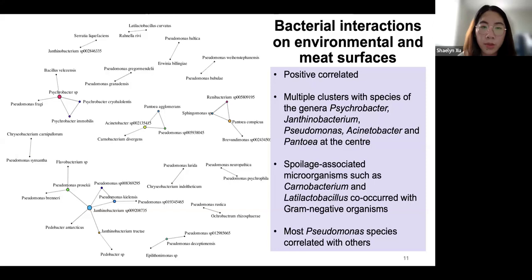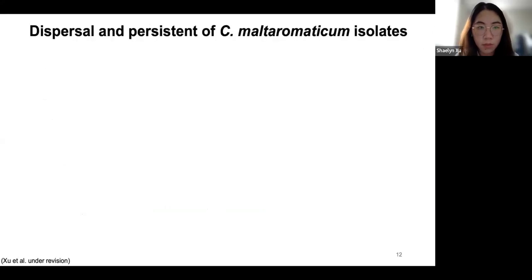And more importantly, as you can see in this figure, you probably see a lot of Pseudomonas species. They have been correlated with other Pseudomonas species or other genera. That means they play very important synergistic roles for the microbial profiles in this processing facility.